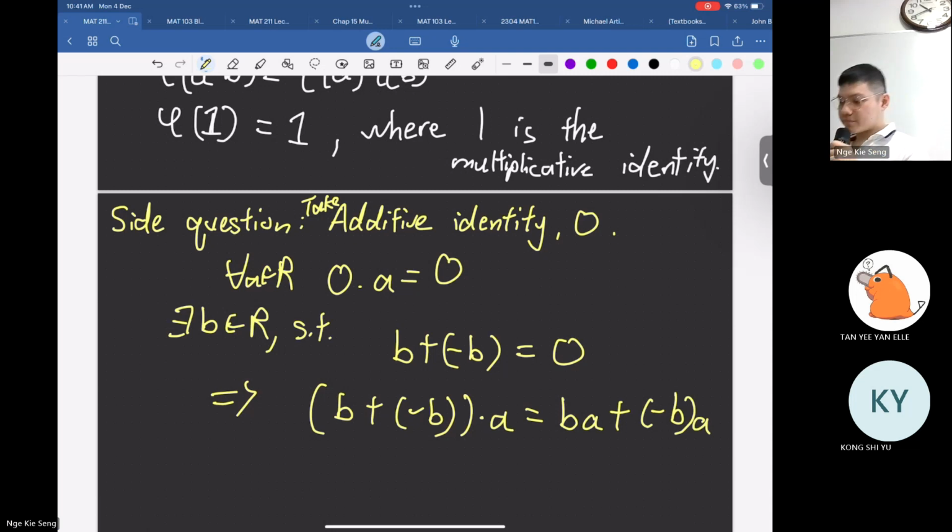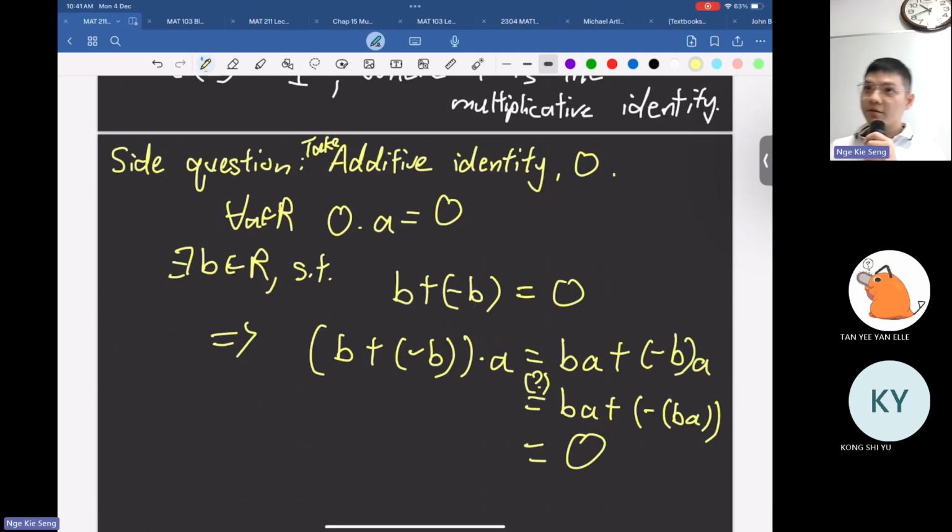But of course, you need to show that minus B times A is equal to minus of BA. You need to prove this anyway. So why is it true? Then from here, you will get 0. Yeah, this is a very similar proof to when you prove this property for your vector space.